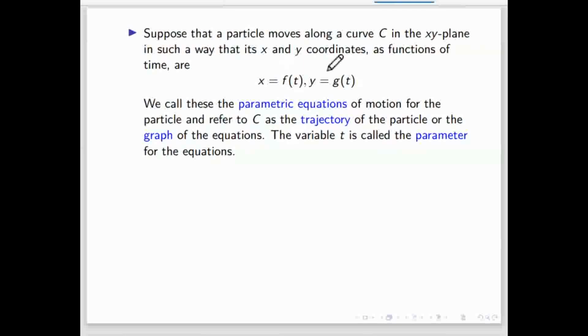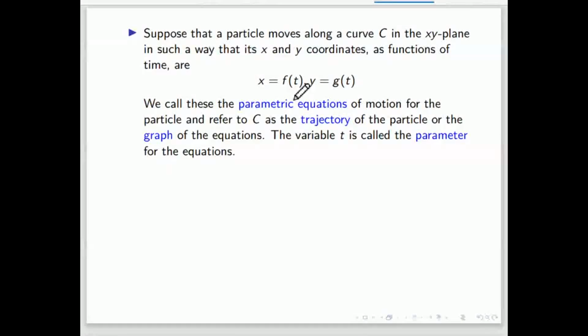Suppose time is moving and the particle is moving in the 2D plane, or suppose you are walking in a 2-dimensional plane. You cannot fly, so 3D will not come, only 2 dimensions. With respect to time, your position will change, and that coordinate is given by the function f of t, g of t. So this is the location or position of the particle at time t.